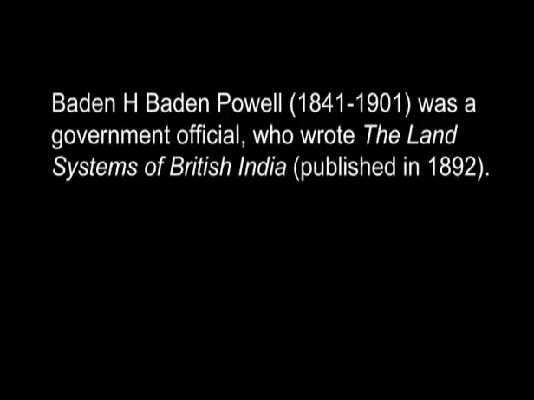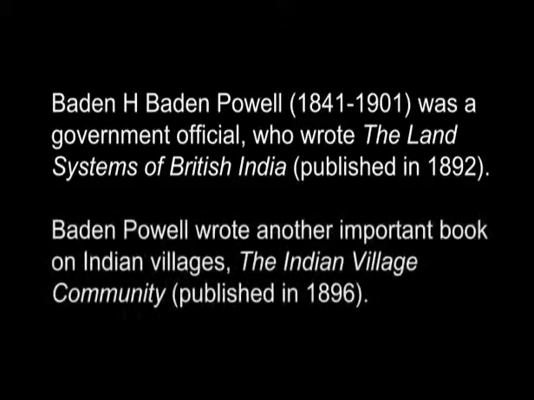According to Baden-Powell, who wrote Land Systems in British India, there was the existence of another type of village which had the appearance of joint or common ownership. That was a third type of land, as pointed out by Baden-Powell.